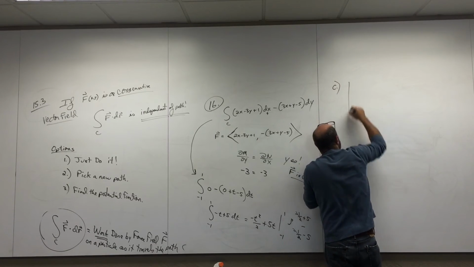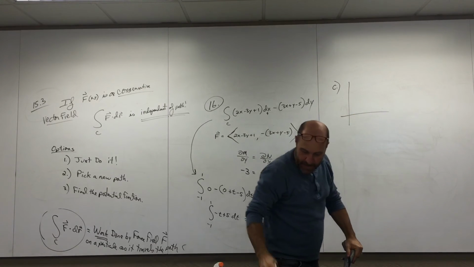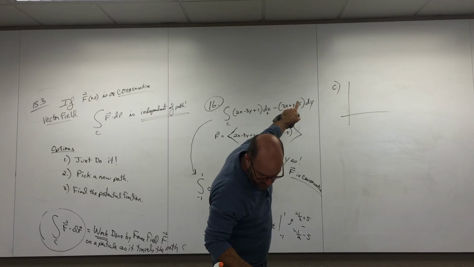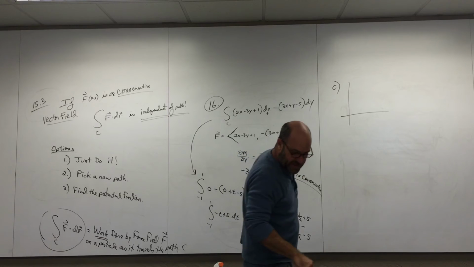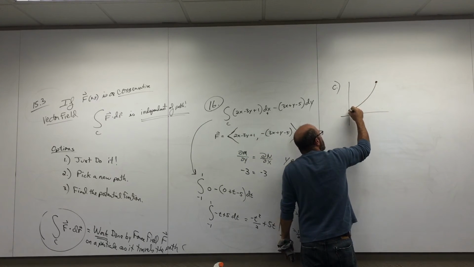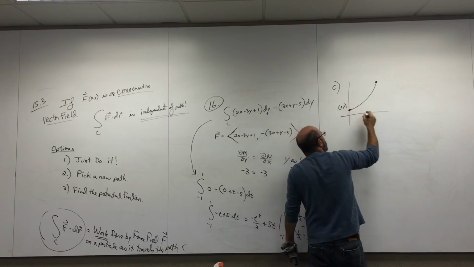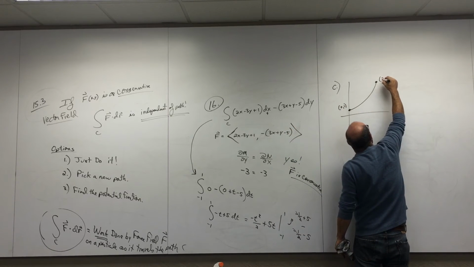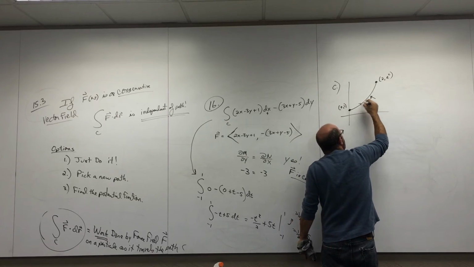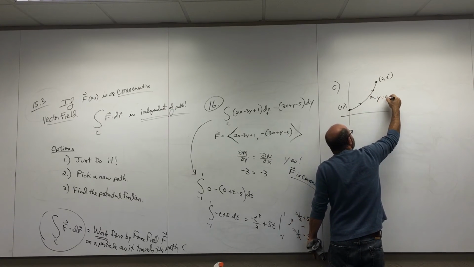So here's C. C is this path. Same vector field, by the way, but we're doing a new path. 0, 1 to 2e squared. We're on this curve. We're going from the point 0, 1 to the point 2e squared, and we're on this path, which is y equals e to the x.